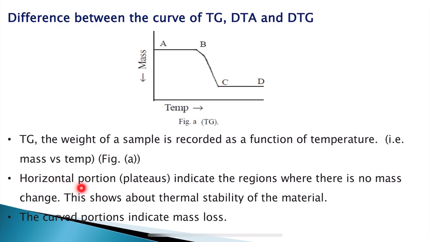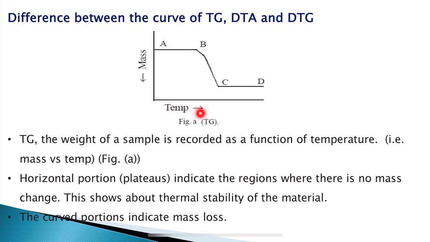Here the horizontal portion, that is the plateaus, indicates the region where there is no mass change. So these horizontal portions say that there is no change in mass. This shows the thermal stability of the material. What does it mean?